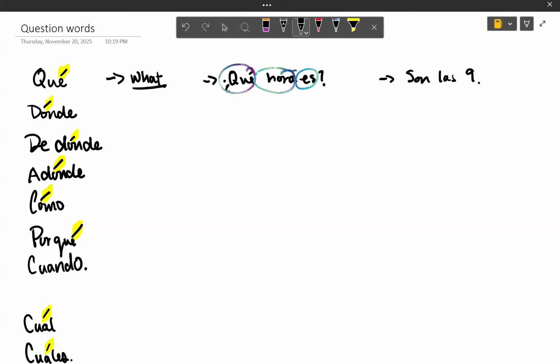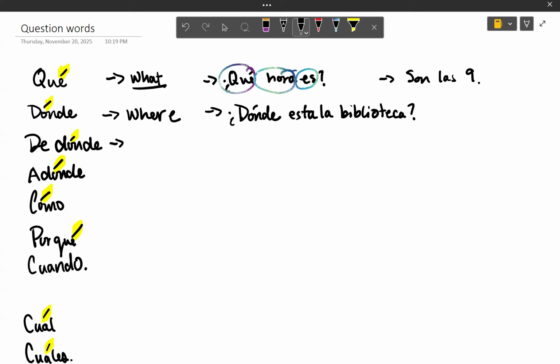¿Dónde means where? So we might have a question like, ¿Dónde está la biblioteca? ¿De dónde? I'm going to break these out now, just so I have them.